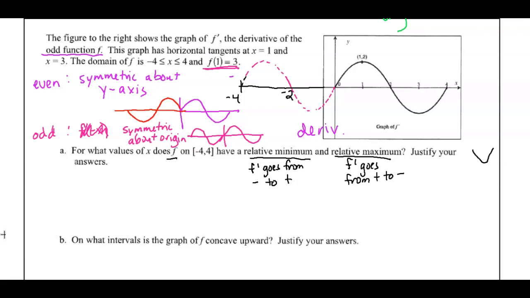This is f prime, so we go from positive to negative at x equals -2. Then f prime goes from negative to positive at 0. Then we go from positive to negative at 2. And then we stop here, okay? So we're not going to have another one.